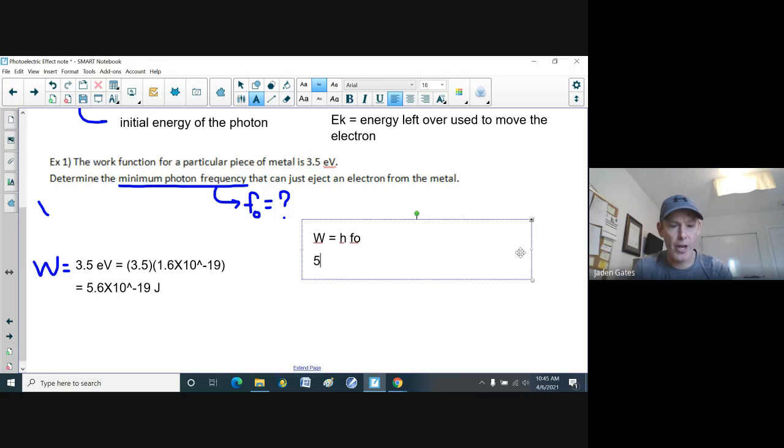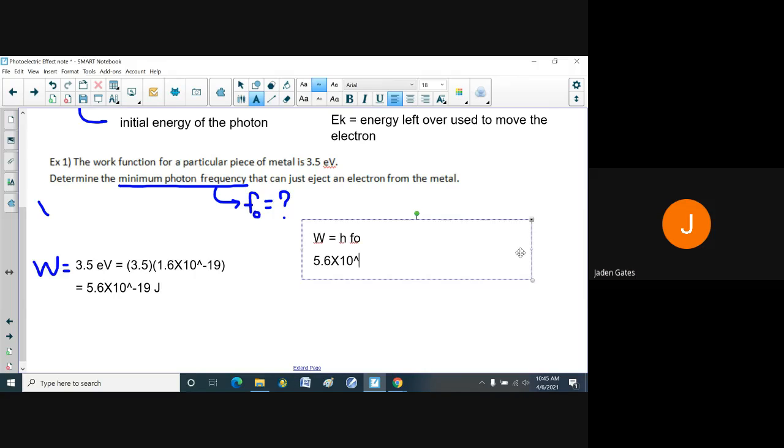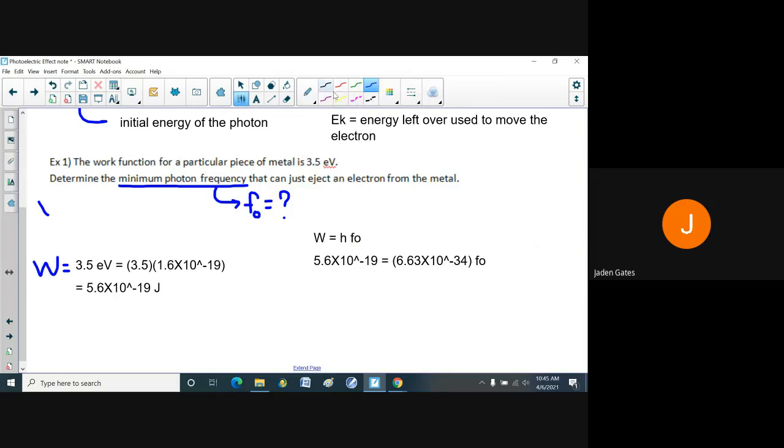The amount of energy, which I just converted to joules, is 5.6 times 10 to the power of negative 19, and that is going to equal Planck's constant, h, which is always the same value, 6.63 times 10 to the power of negative 34, times what we're trying to find here, f naught, our threshold frequency.